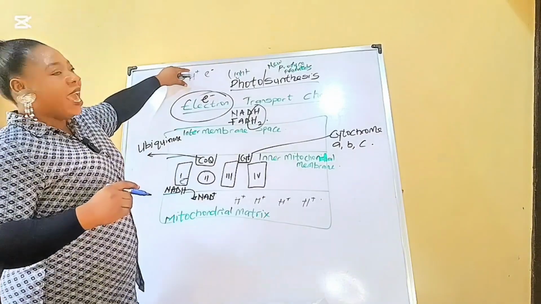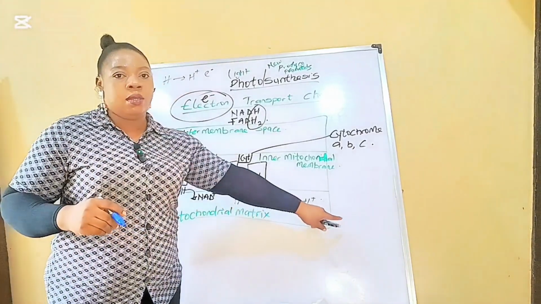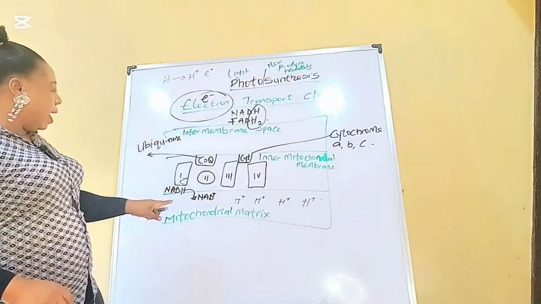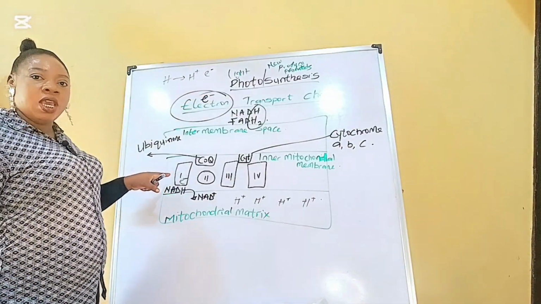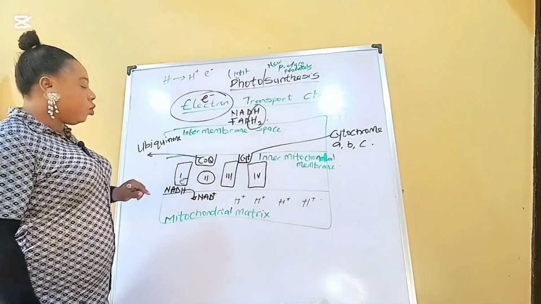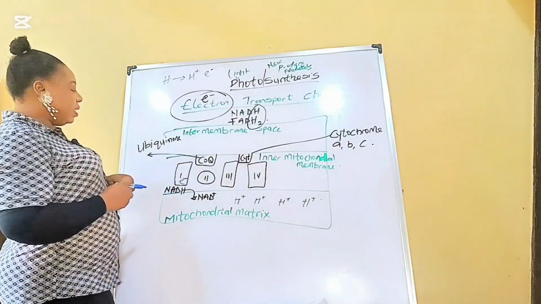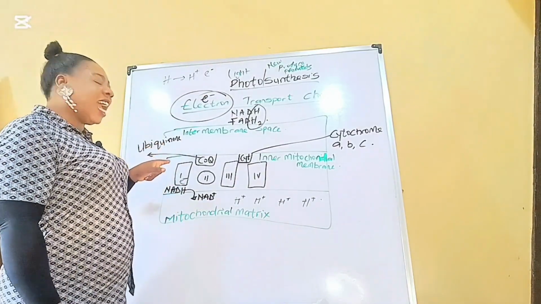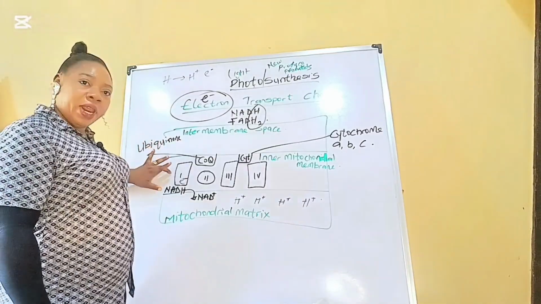The protons are the ones here now. Then the electron gotten from here is the one that enters into complex 1. So upon the entry of this electron into complex 1, it supercharges this complex.